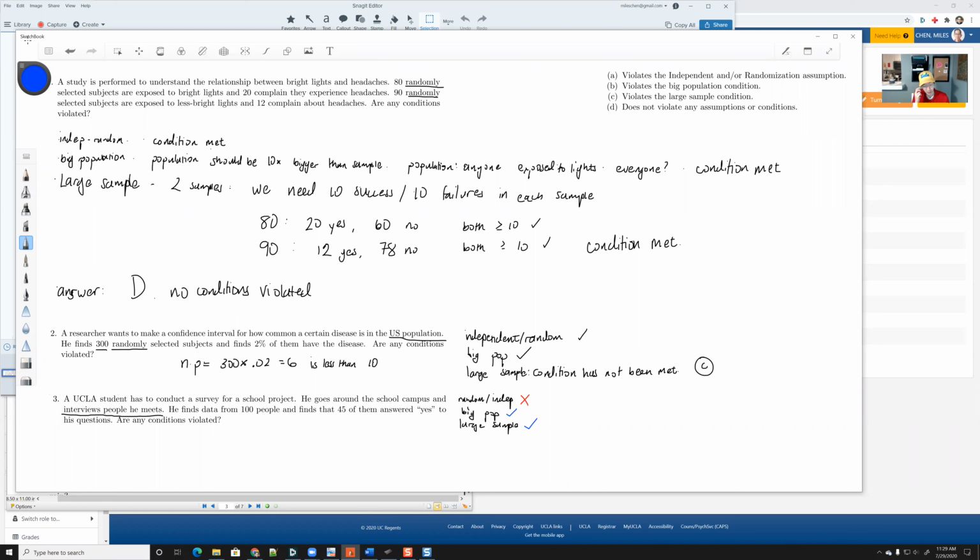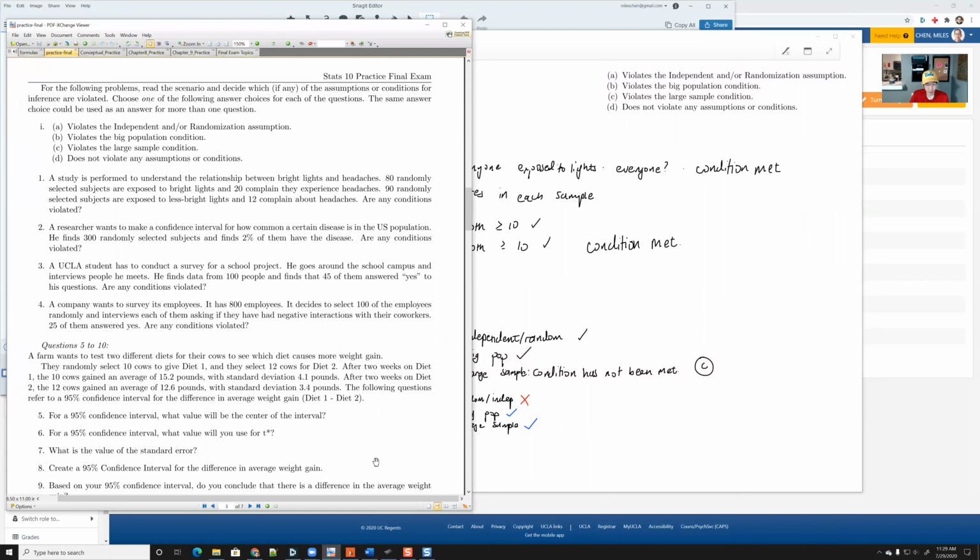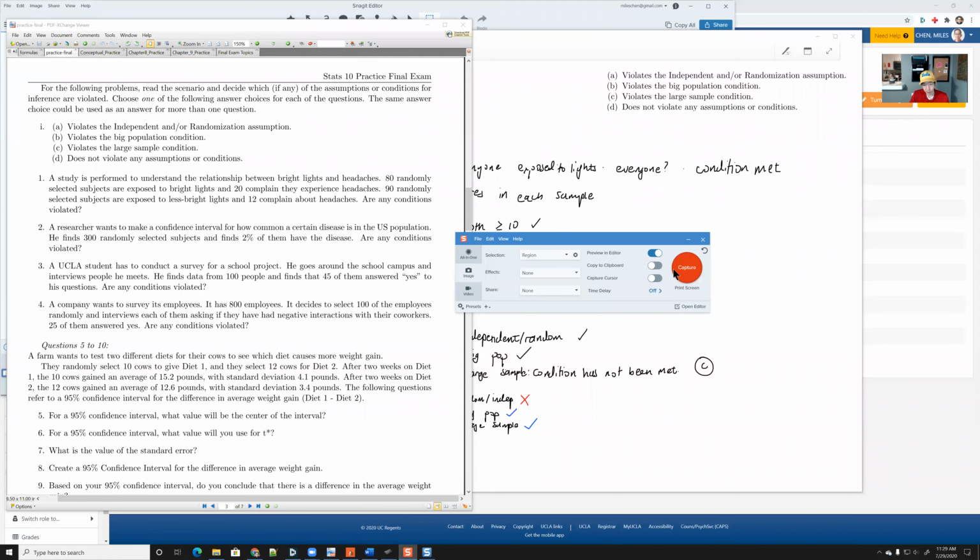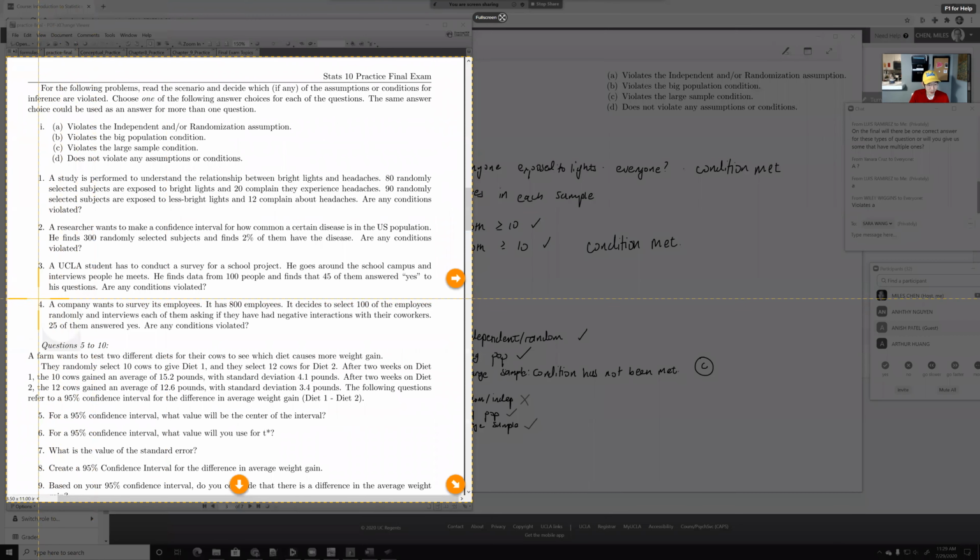That's over 10 for both, but it's non-random, okay? Just going around meeting people who walk around, that's not going to be a random sample, okay? You're going to get a sample that favors people who go outdoors and walk around, okay?